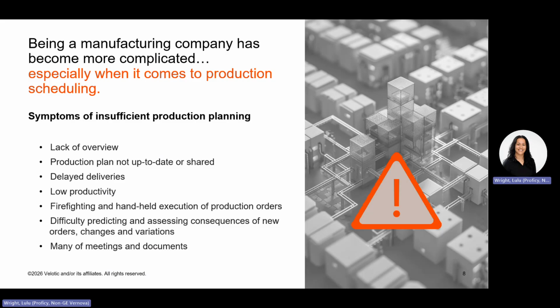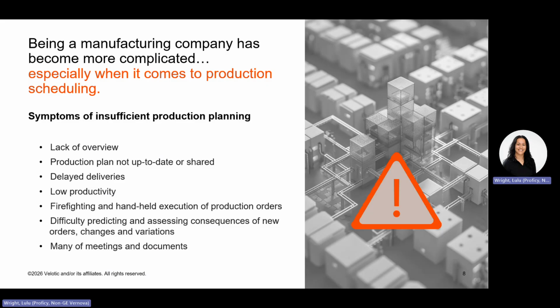Now, what are the symptoms that you may be experiencing or seeing that tend to have as a root cause insufficient production planning? Lack of overview. You're not able to know at a given point in time what is going on on the plant floor. Production plan not being up to date or shared.